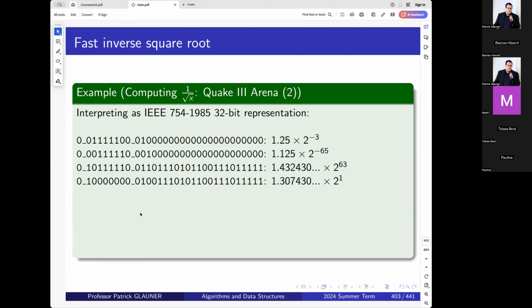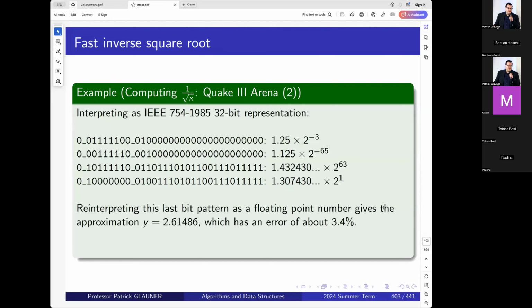This here was the magic number, and when we subtract this bit shift, we get this result here. And this result is 2 times 1.307 whatever, so 2.6148 whatever.